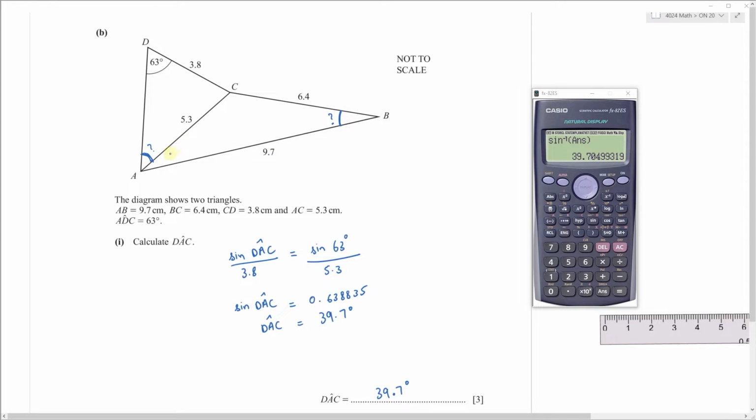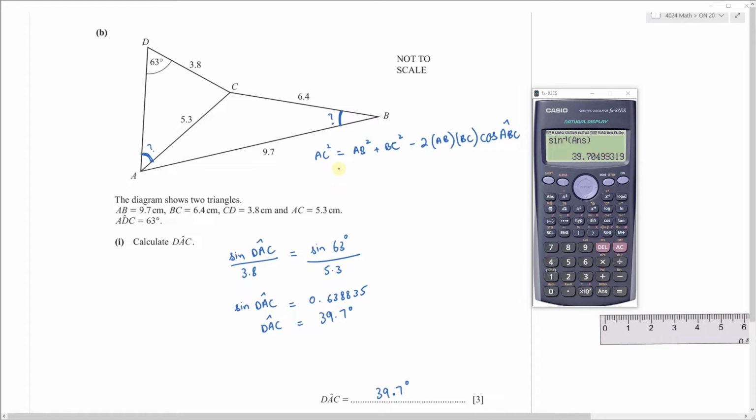So cosine rule will be, since I'm looking to find this angle, the side opposite this is AC, so I'll take AC squared equals AB squared plus BC squared minus 2 times AB into BC into cos of this angle ABC.